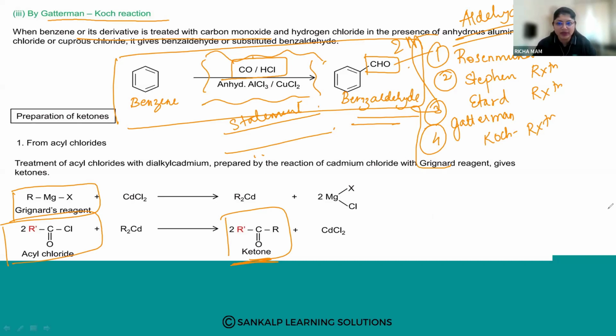We have seen general methods of preparation, in which we can prepare both aldehydes as well as ketones. Then we discuss separately how we can prepare only aldehydes, through special reactions, and that we have seen today. Tomorrow we are going to discuss how we can prepare only ketones. So let us discuss that in tomorrow's class.